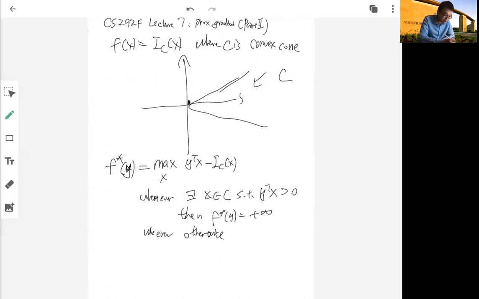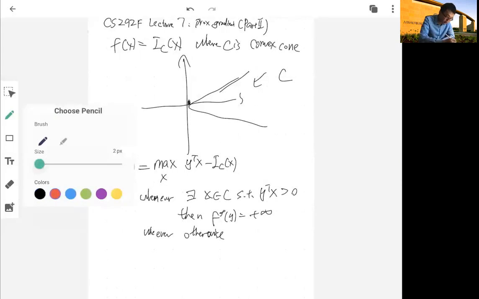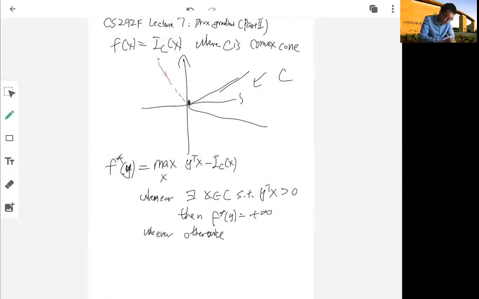So let me visualize that for you. We need to consider y on the left-hand side of this, and we also need to consider y on the left-hand side of this.